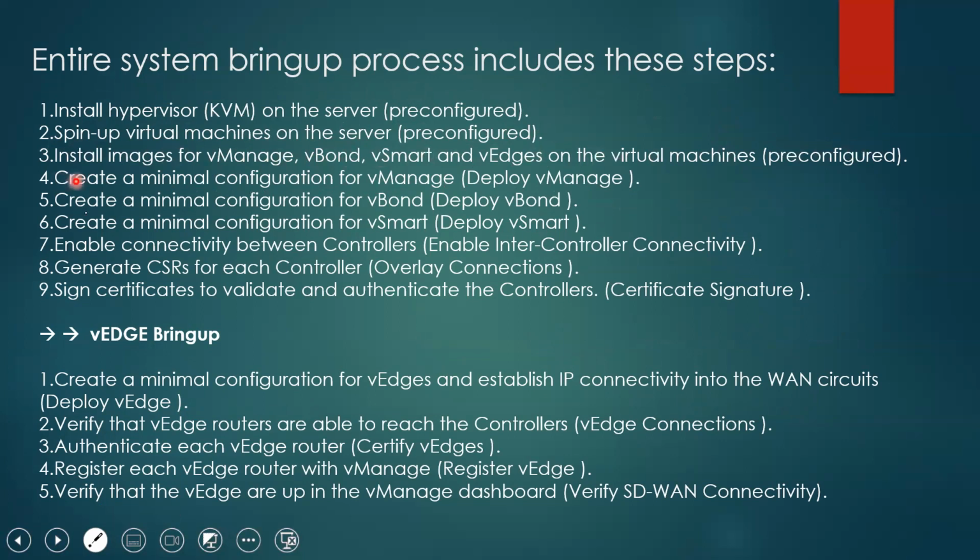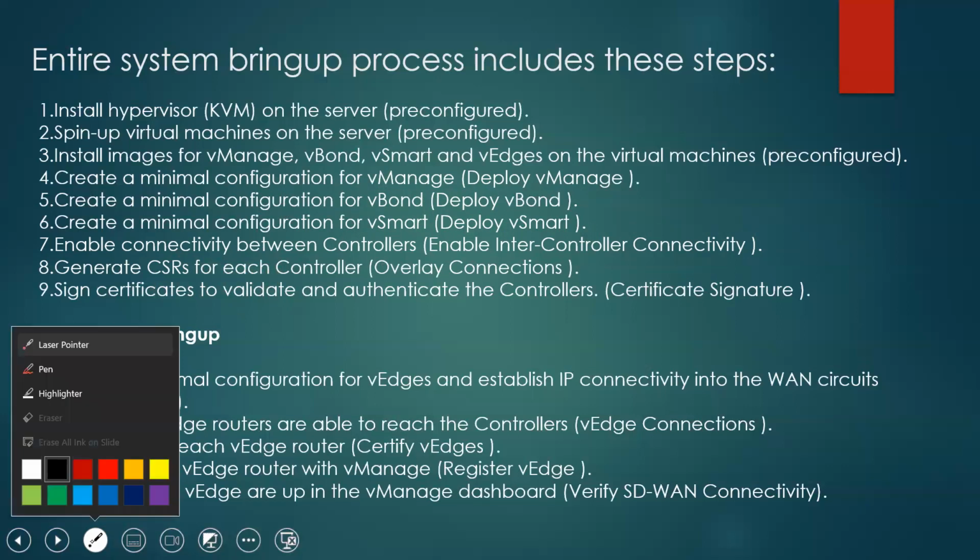Then create the minimum configuration for vManage, then for vBond, for vSmart, then do the routing in between them. Step number 7 is the routing. Then generate the CSRs, sign the certificate.